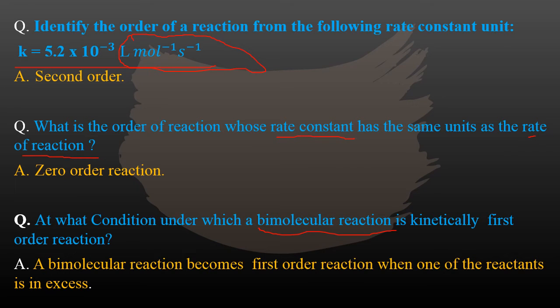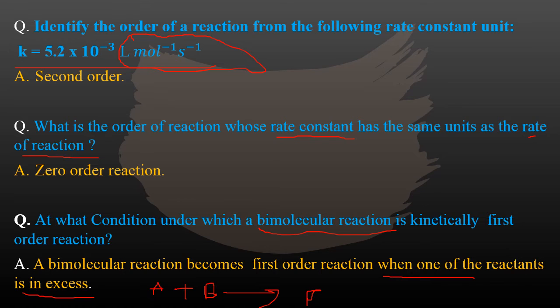The correct answer will be that a bimolecular reaction becomes first order when one of its reactants is in excess, because bimolecular reactions are those in which two reactants, reactant A and reactant B, react together and provide some products.